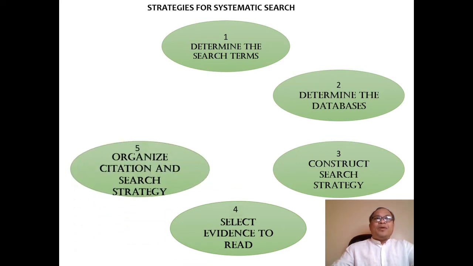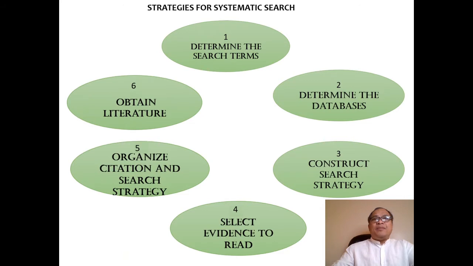And then we will organize a citation and search strategy. That means we will find the order, we will try to save, we will try to print, and then finally we have to obtain the literature, by printing and by saving.